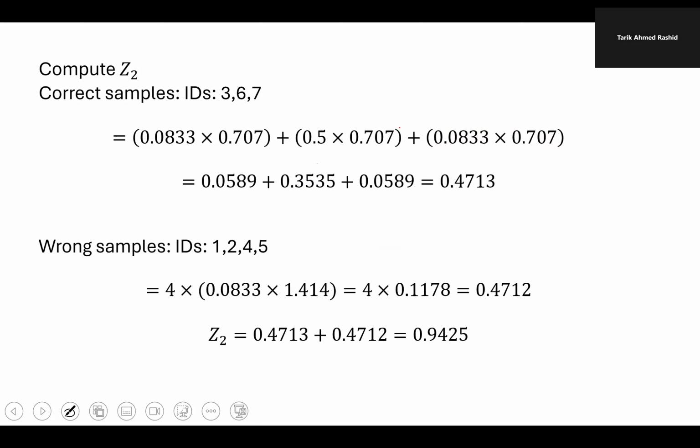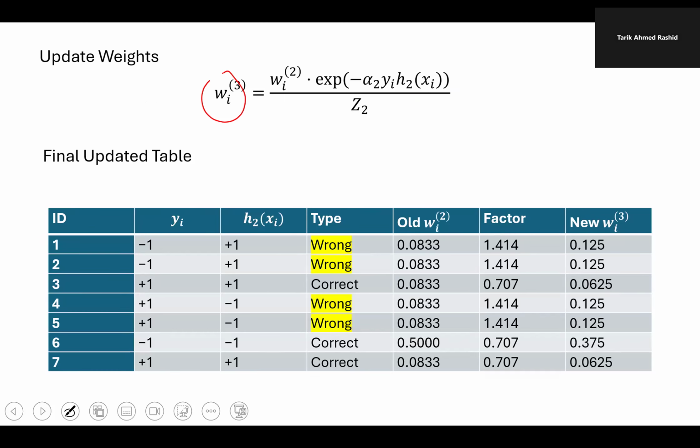So here we will find the total set for iteration 2, and then we will update the next weight from the current weight multiplied by the weak learner, multiplied by the class, multiplied by the exponential of minus alpha, over Z2, which is the normalization.